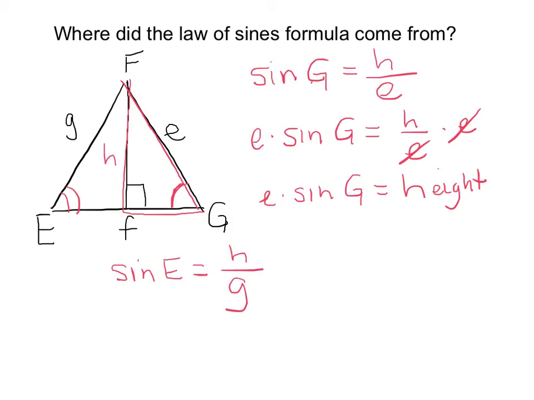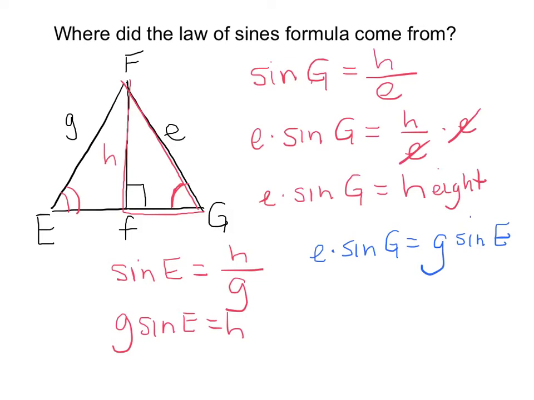We follow the same reasoning by multiplying both sides by G, and you end up with G sine E is equal to H. Well, the H here and this H are identical. So guess what? We can now say E sine of angle G is equal to G sine of angle E.